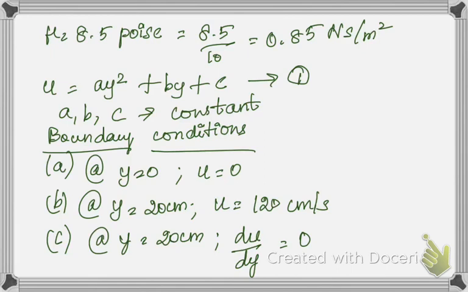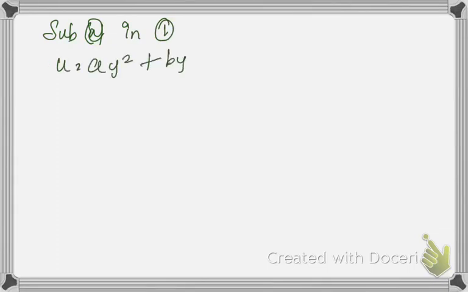What I am going to do is substitute condition a in equation number 1. That is u is equal to a y square plus b y plus c. This is my equation number 1.